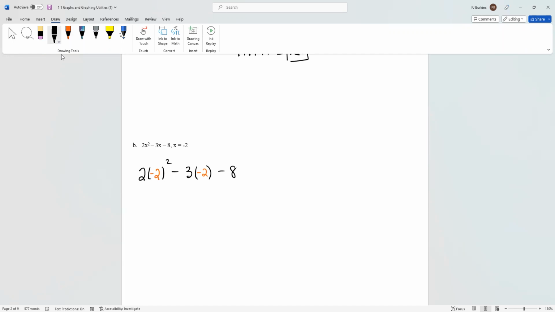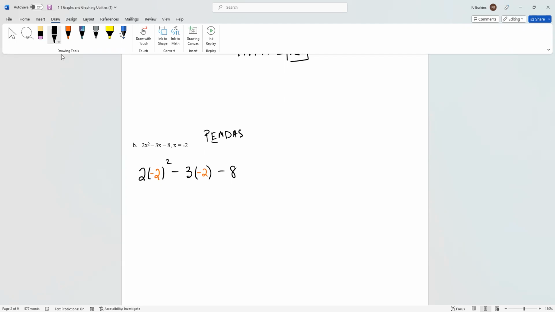So again, remember it's PEMDAS, so parentheses first. So inside the parentheses, I have a -2. Right? There's nothing I'm doing inside the parentheses here. It's just a number. So the next thing would be to treat the exponent. Now I have to be careful, and it's a really good thing to put the parentheses here, because even if you go to type it in your calculator, if you type -2 squared without the parentheses, it's going to tell you -4, because it's going to do 2 squared and then put a negative in front.